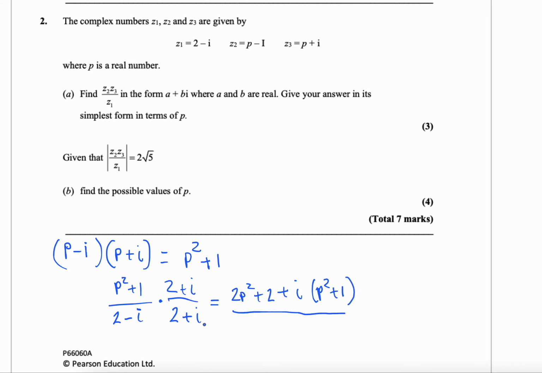And our denominator, again, middle terms will cancel out, so it's just first and last. First is 4, last is 1. So 4 plus 1 is 5. Okay, and now we can separate into 2p squared plus 2 over 5 plus p squared plus 1 over 5 i.